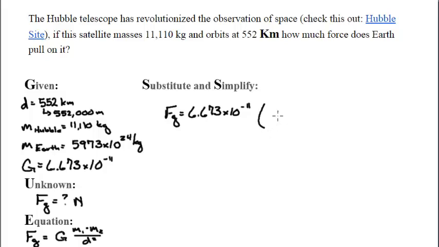So I take the mass of the Hubble telescope, and I'm going to multiply it by the mass of Earth, 5.973 times 10 to the 24th. And all of that is going to go over the distance, 552,000, and going to square it.